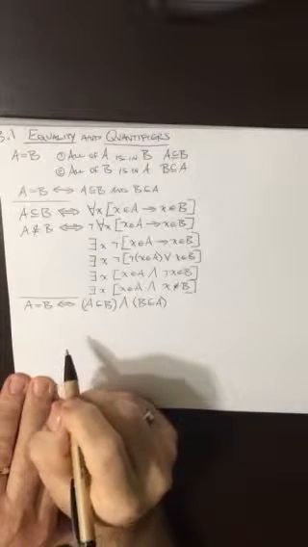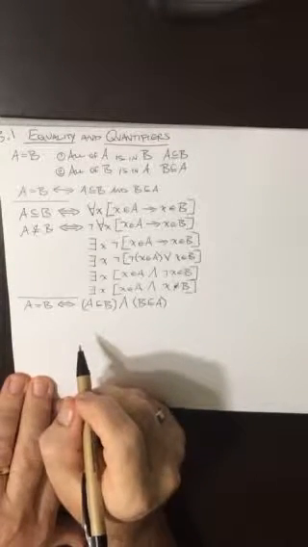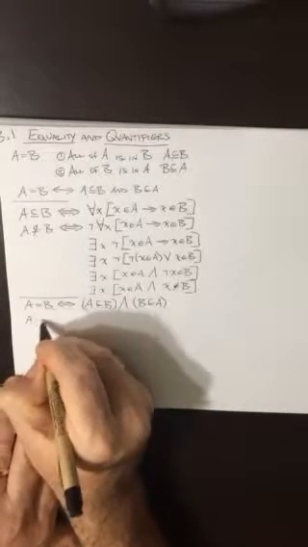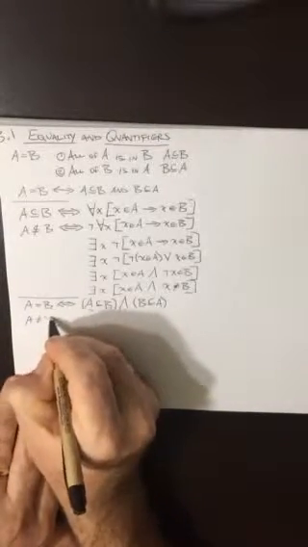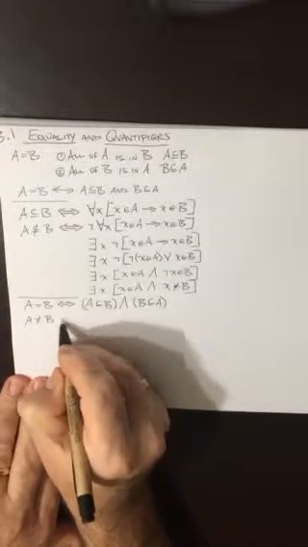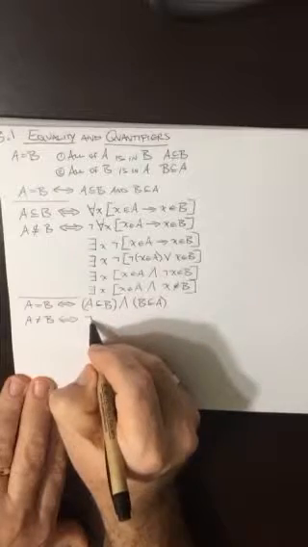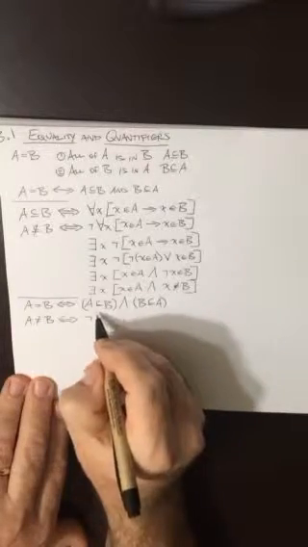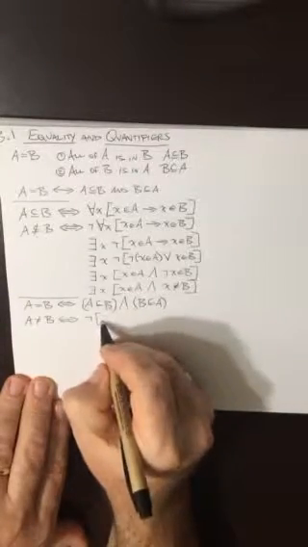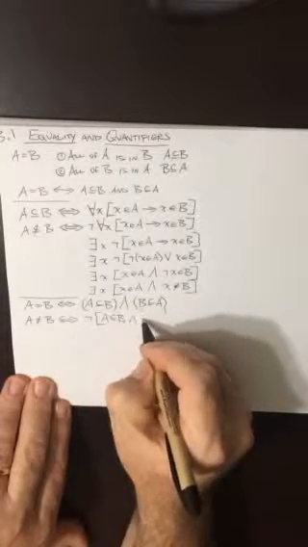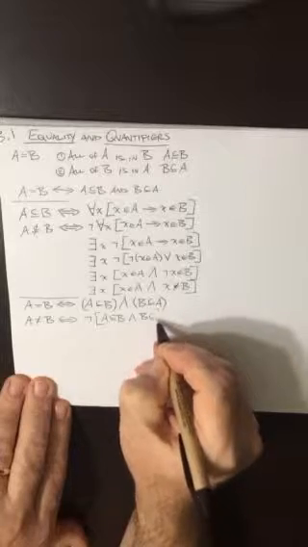Well, if that's the case, then what would that mean to negate that? If A is not equal to B, well, then what we're looking at is we're negating the statement that A is a subset of B and B is a subset of A.